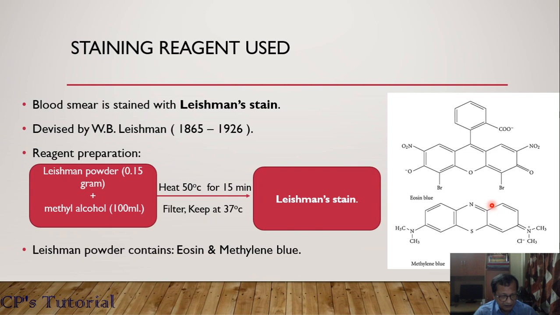The mixture is heated at 50 degrees centigrade for 15 minutes. Then it is filtered and kept at 37 degrees, at room temperature in the laboratory. But it is better to prepare it 2 hours before the experiment.